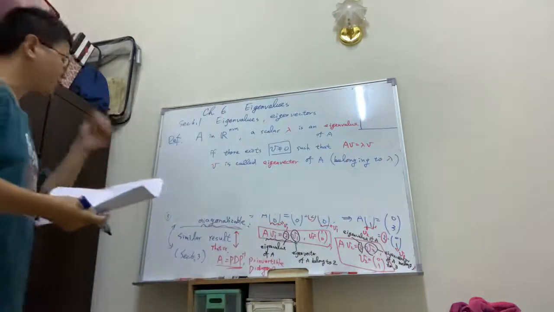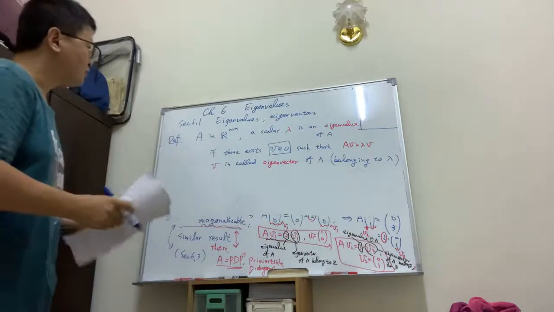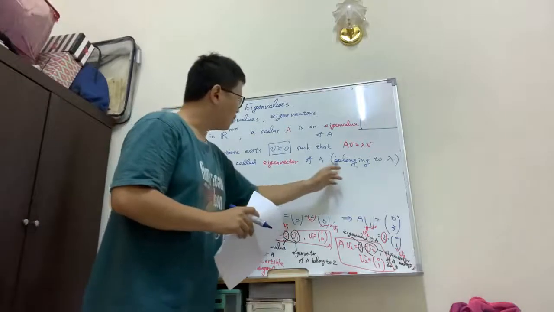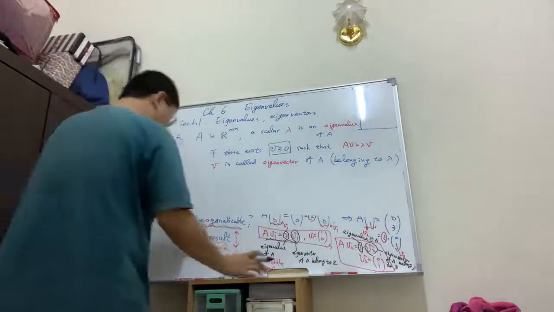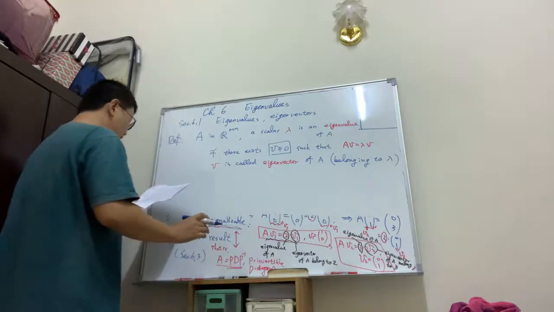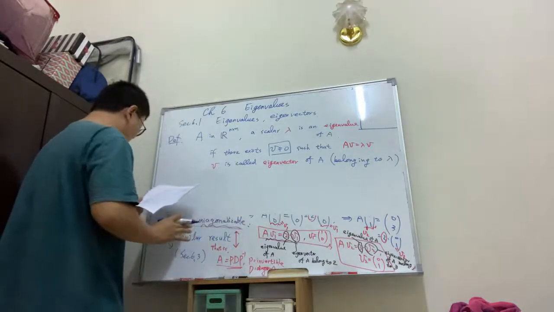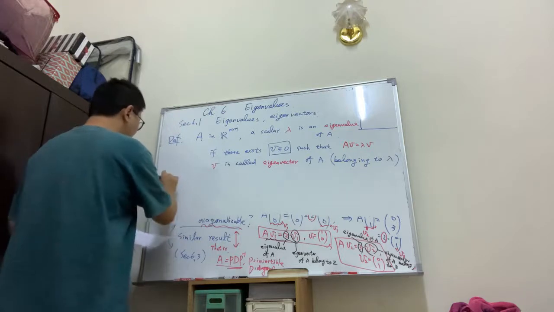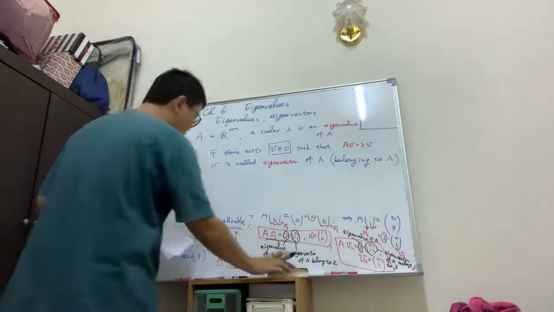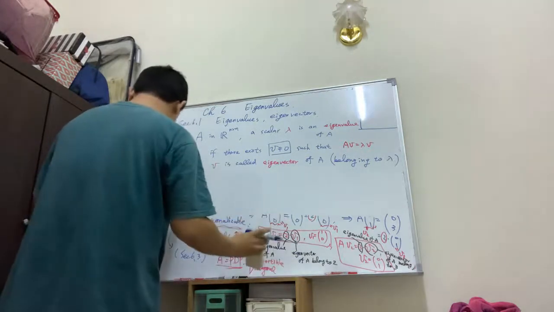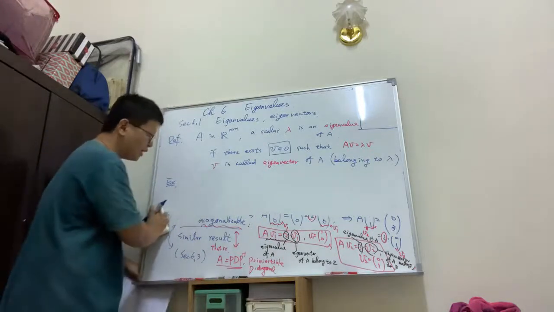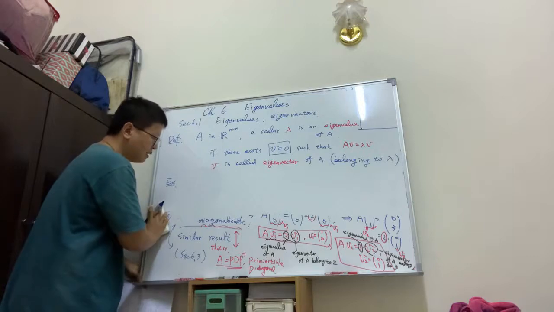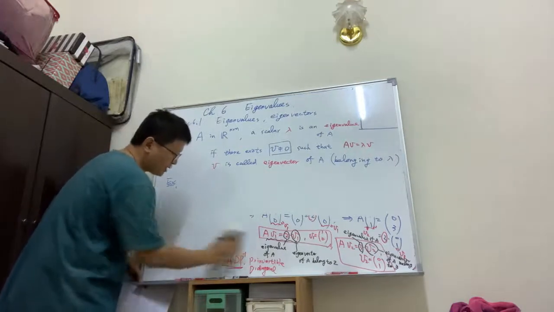If you want to describe it in more detail, you could say it's an eigenvector of A belonging to the eigenvalue lambda. Here we have an example, and I could give you one more example to see what it means. Later I will tell you how to figure out the eigenvalue of a matrix.